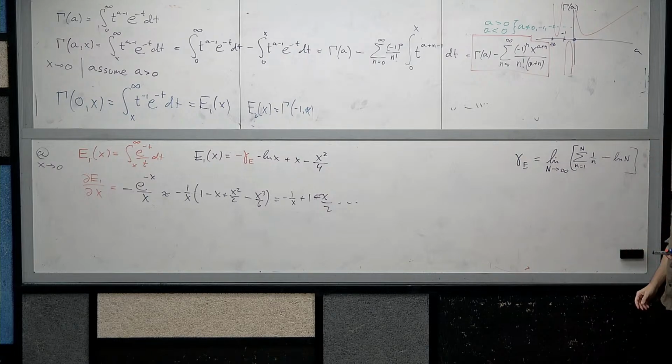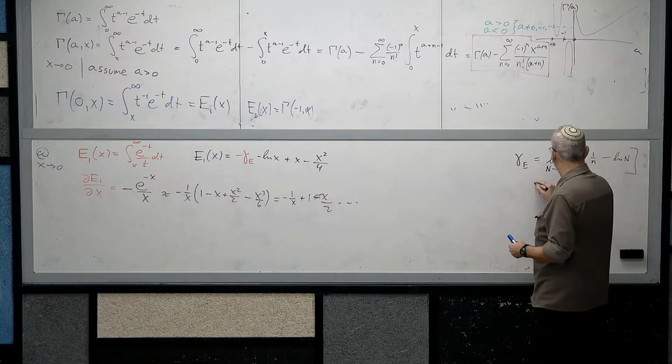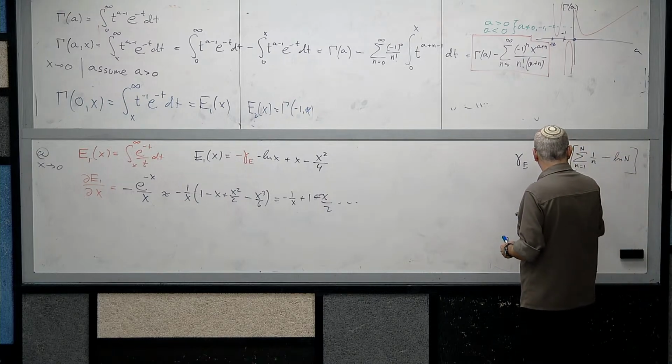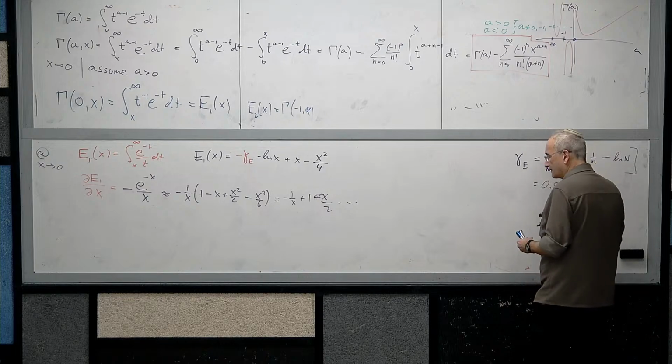See, integration over 1 over x is ln. But now you are not doing integration, you just sum over 1, 1/2, 1/3, 1/4, and so on to a very large number. This is very close to ln, but not ln, and the difference is defined as gamma Euler, which is again 0.5, I think 577 something.